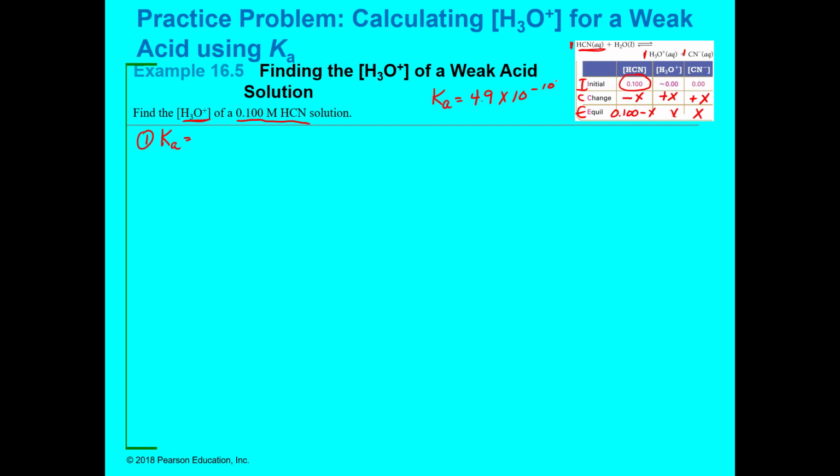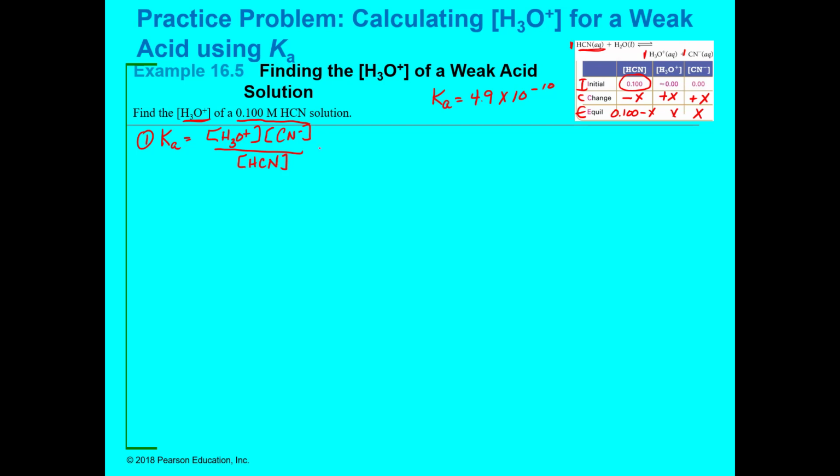That's going to help me mathematically, but I'm going to go ahead and set it up how it would be. The H3O plus times the CN minus. Nothing is squared or anything because they're all 1 to 1.